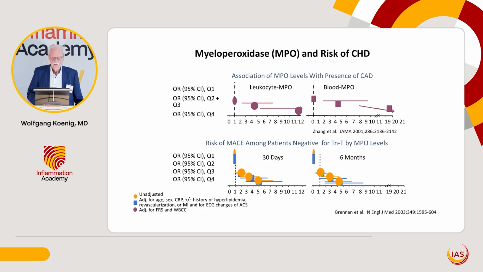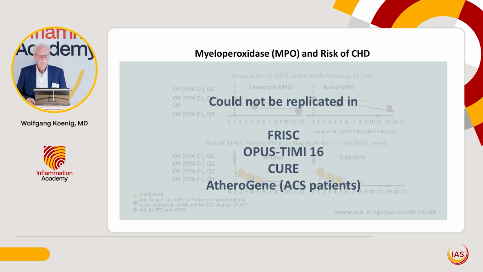What you see here is the association of MPO with the presence of coronary artery disease, that is leukocyte MPO and also blood MPO. And then in the lower panel, you see prospective data, patients with ACS, symptomatic patients with regular or with normal troponin T, and MPO was predictive for 30-day complications, but also for 6 months regarding risk of CHD.